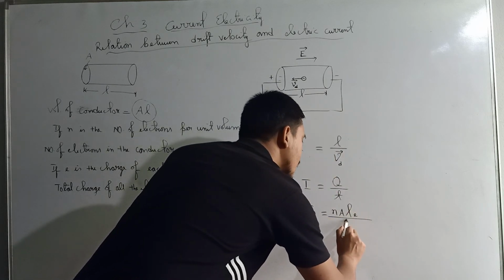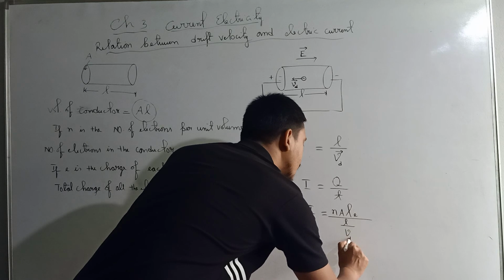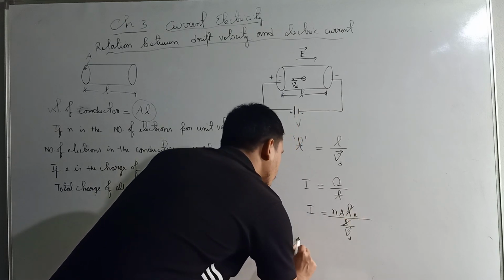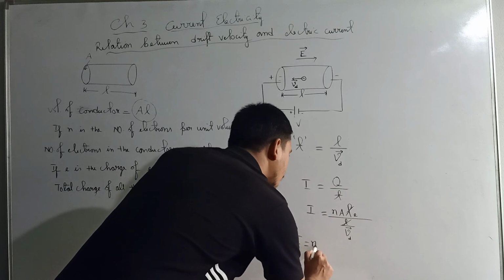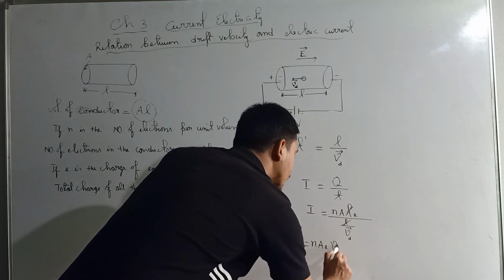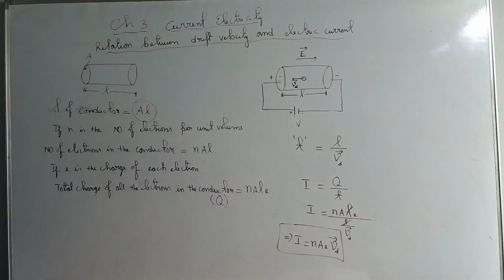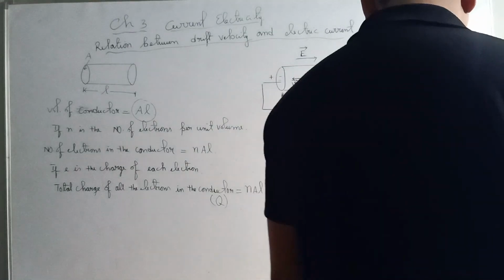Your time is L upon Vd. Here L cancels out, so we have I is equal to NAE Vd, which is the required expression for the relationship between drift velocity and electric current.